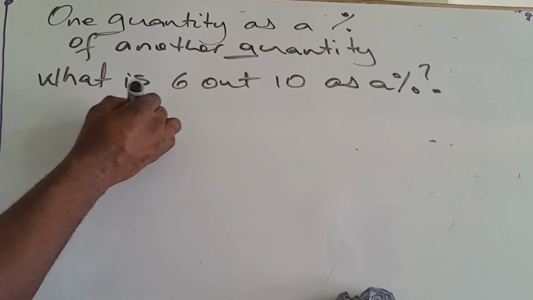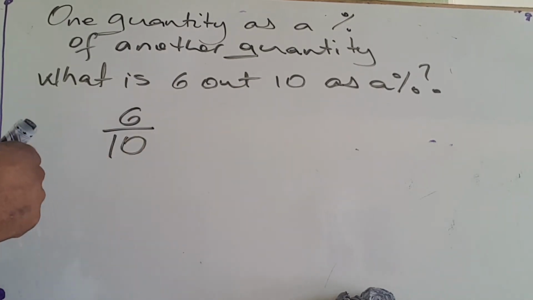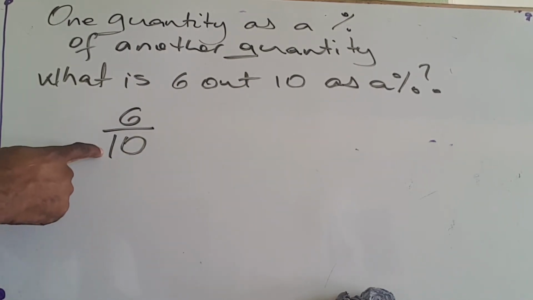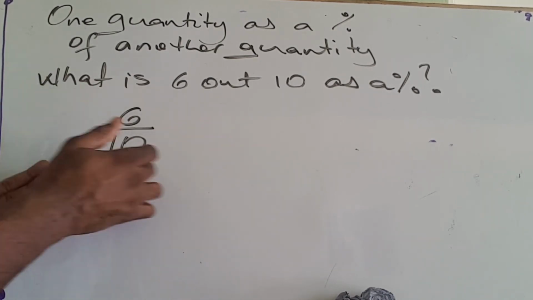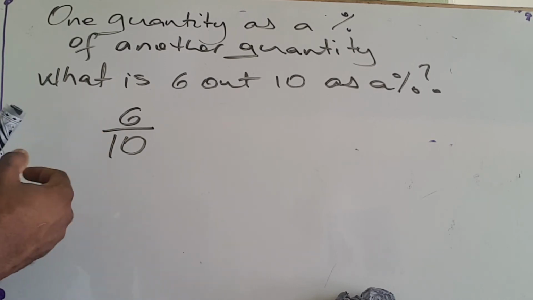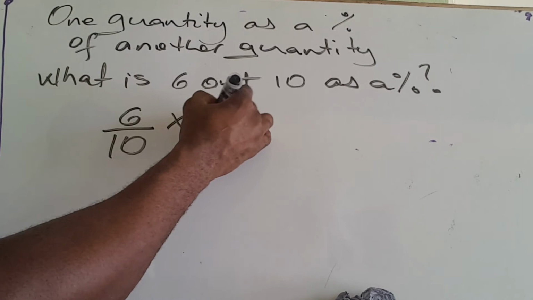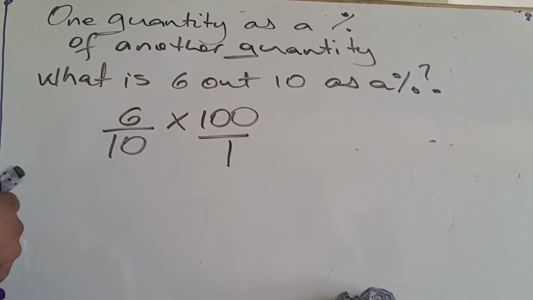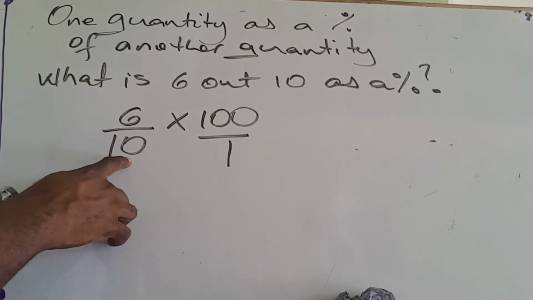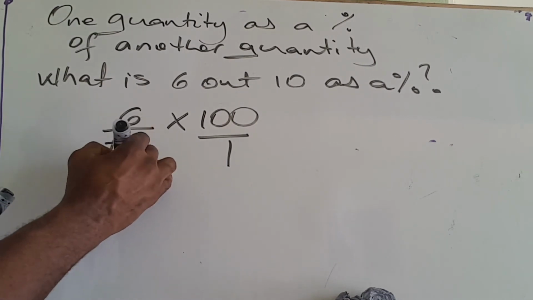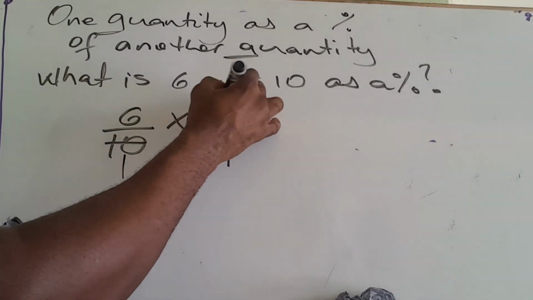Well, we could represent this part as a fraction of 10. Like 6 out of 10 can be written as 6/10. But we want to represent this idea as a percentage. Well, the moment we change anything to percentage, we multiply by 100 over 1. What can cancel? I could use 10. 10 into itself 1 time. 10 into 100 10 times.